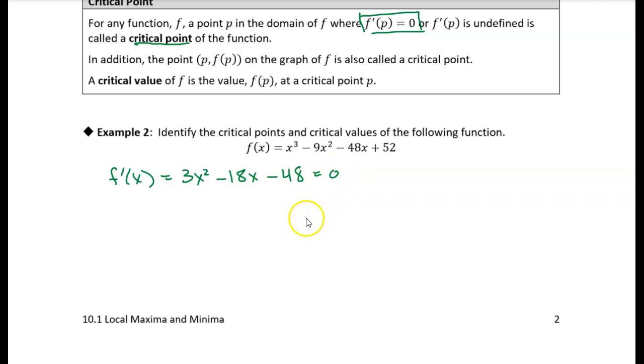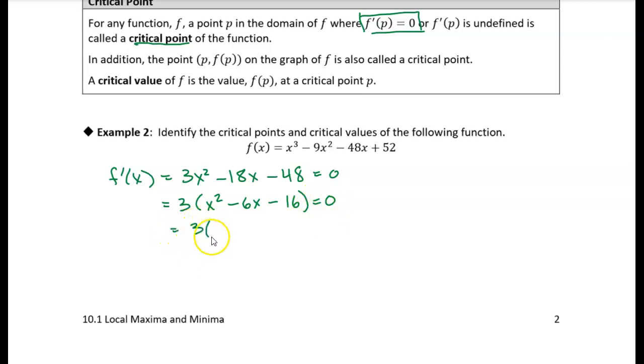Well, it's a quadratic, right? So we have to factor it. First thing I'm going to do is factor out this 3, because that just makes it complicated. If I take out the 3, then it's a little easier to factor. Okay, so let's factor out the 3, and so then I get this. I'm looking for where that's equal to 0, but I want to factor it.